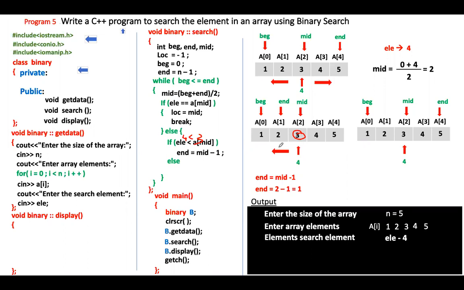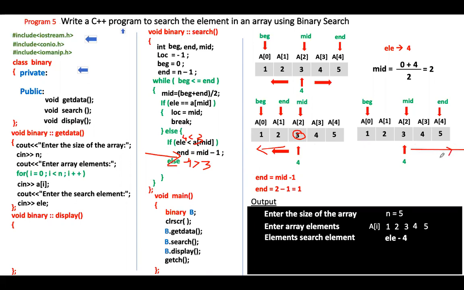If it was less than 3, then you would have found your 4 value here only. Since the element is not present on the left hand side, obviously the second case will be 4 greater than 3. If 4 is less than 3, you will be using this. If 4 is greater than 3, obviously it is found on the right hand side of our array memory locations.